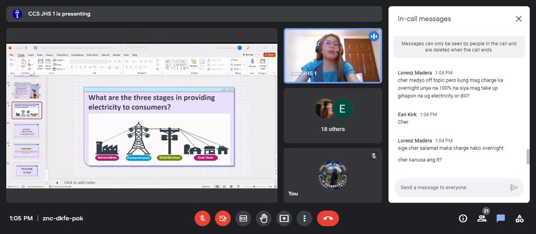Okay, so please study chapter 20. So tomorrow, quiz, and then IPT. And then on Thursday, you'll have LT2 about chapter 20. Okay? Sige.